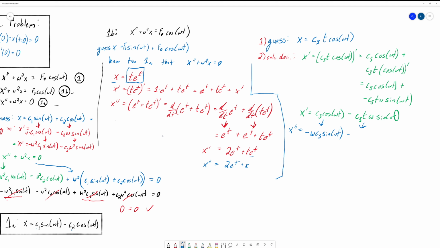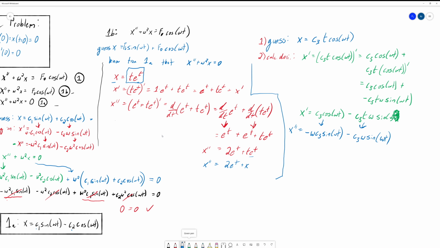So we're going to have minus, sorry, the t is gone, it's just a 1, so c3 times omega sine of omega t. I see that my software auto-corrected this to be a circle, sorry about that. You can ignore this circle. It's just a pain to erase.